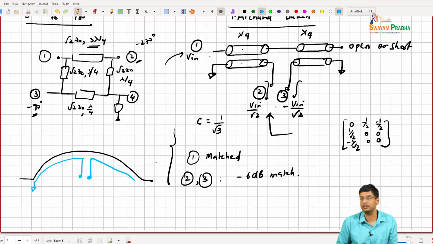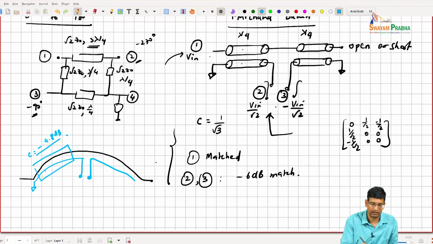And you are coupling these two lines close together, right? And this is basically a coupling ratio of minus 4.8 dB, something like that, right? If you design it like that, you can basically get this port to be matched, and you can get 0 180 coming out of this particular structure.